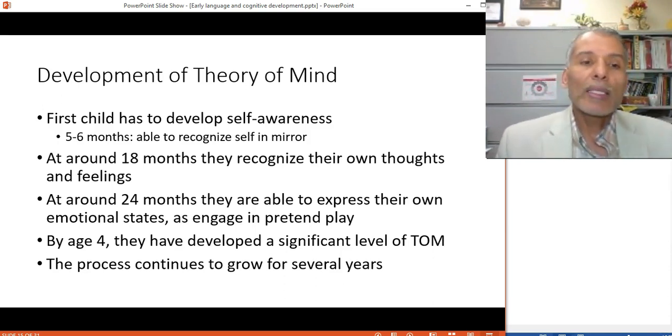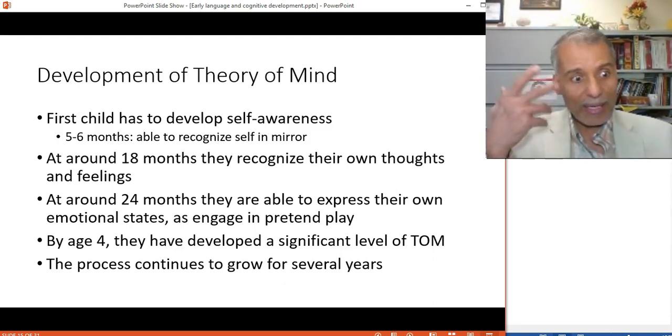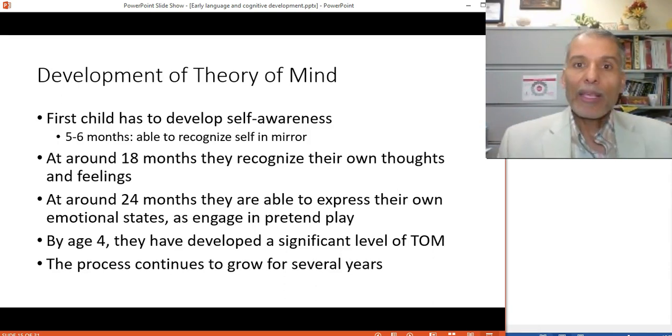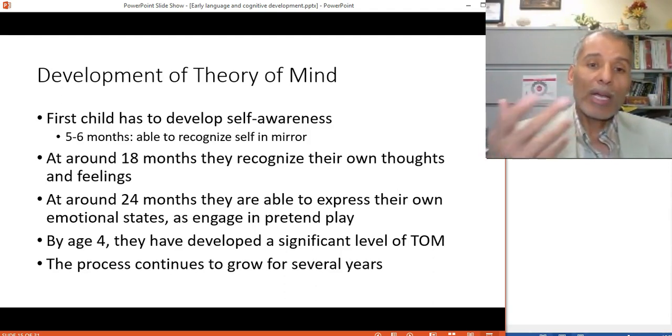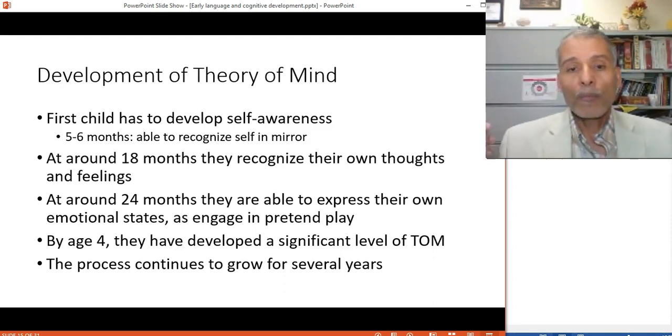Around 18 months, they recognize their own thoughts. They see themselves as thinking beings. And they recognize their own feelings: I'm not happy, I'm sad, and so on. At around 24 months, they are able to express their own emotional states verbally, saying, I'm angry, I'm sad, and they are also able to engage in pretend play.